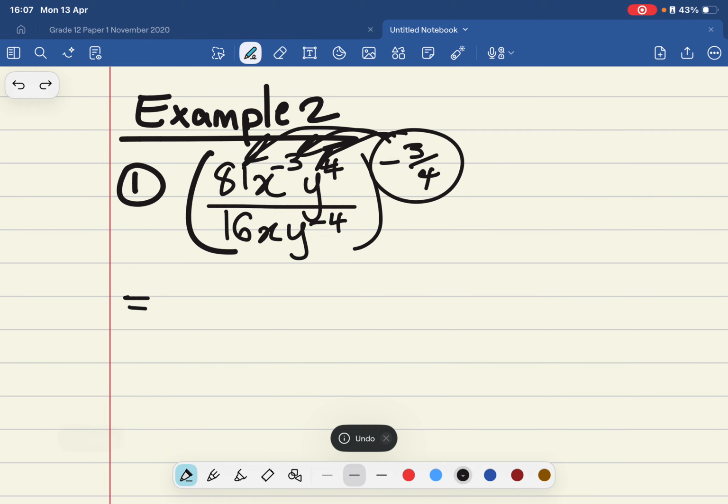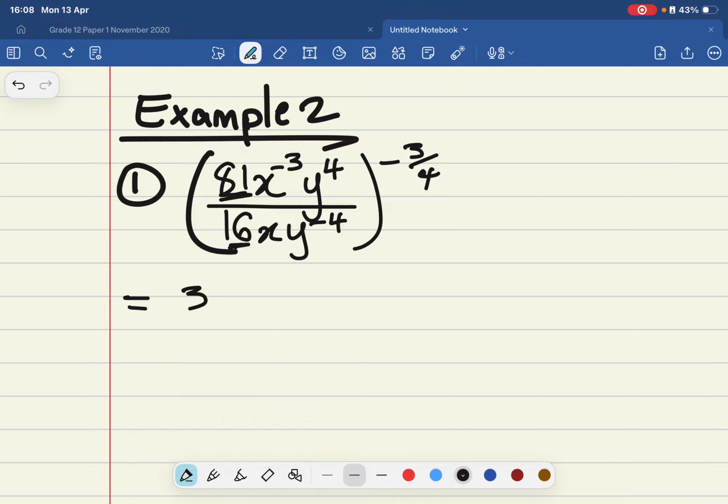Before we move on to applying the laws of exponents, the first rule is to change our bases to prime bases. So how can we change 81 to a prime base? 81 is equal to, you can use your calculator, 3 to the power of 4.